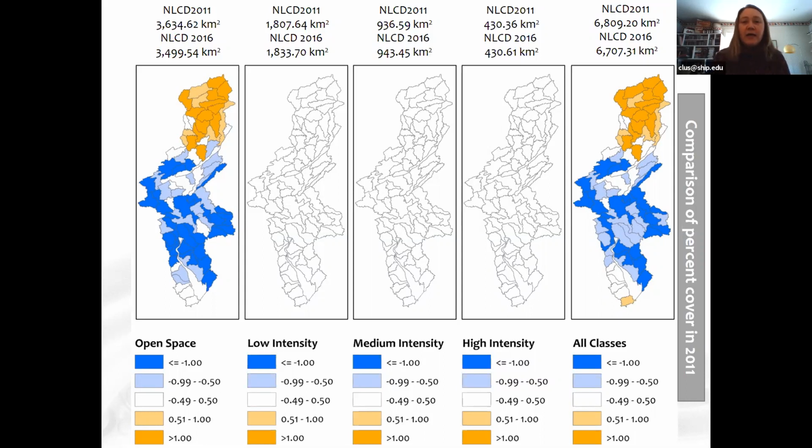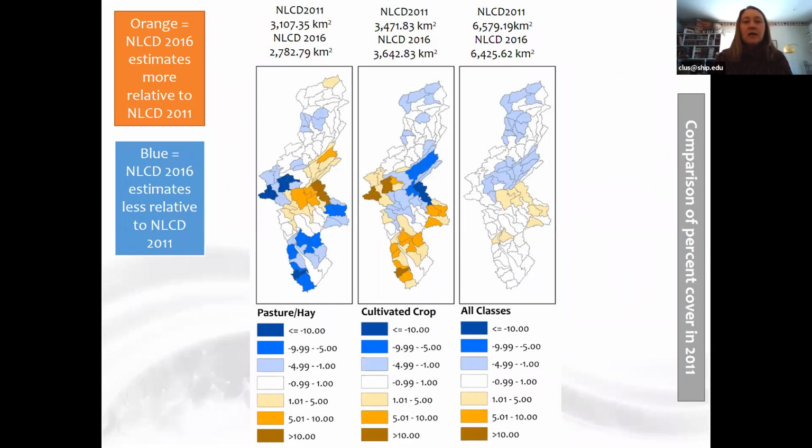When we look at agricultural categories, again, we interpret these maps the same way. Orange is when 2016 estimates more of these classes relative to 2011. Blue is where it estimates less. The first map is pasture hay, the second map is cultivated crop, and the third map is all classes combined.